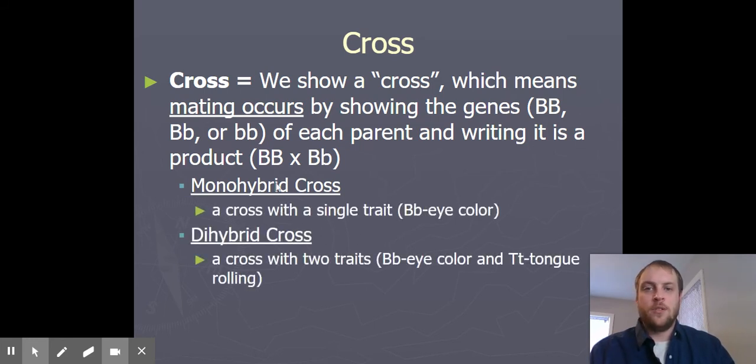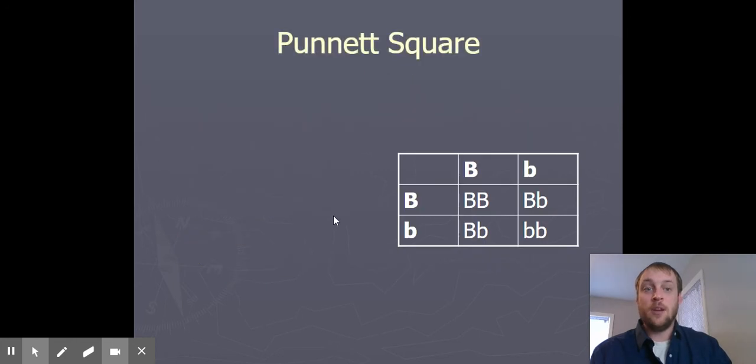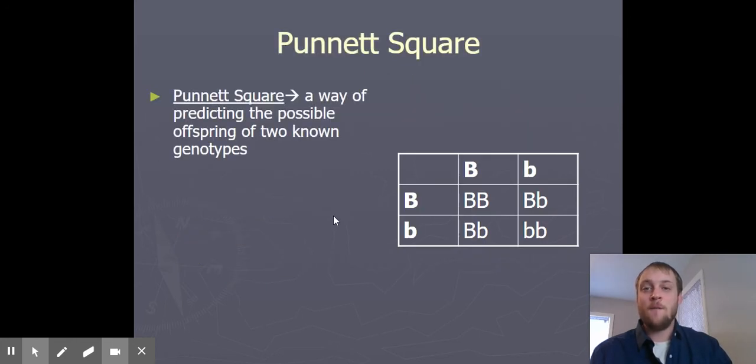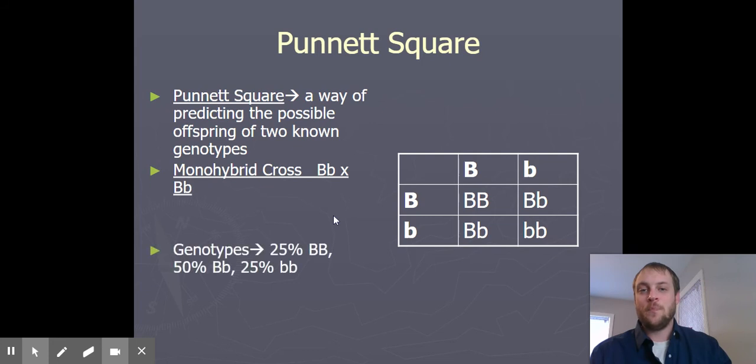We're really just going to focus on a monohybrid cross, which is just one version of each trait, not dihybrid. So don't worry about the dihybrid cross. You're going to see what monohybrid looks like in a second. A Punnett square, as I mentioned in that previous slide, is just a way to predict the possible outcomes for the genes of the offspring of future generations.